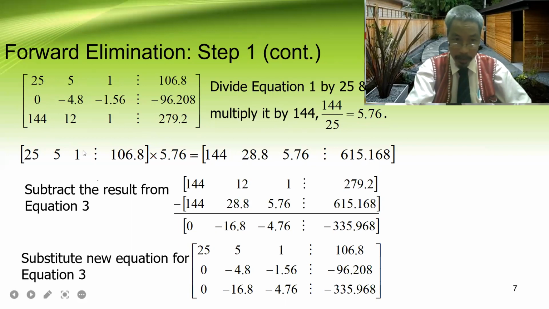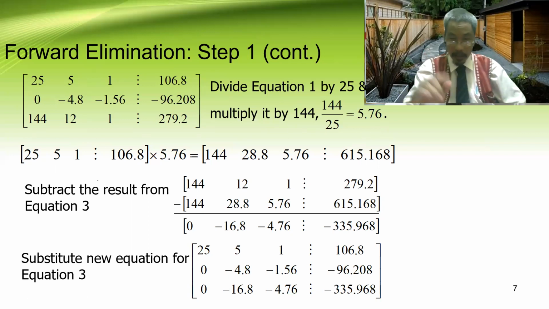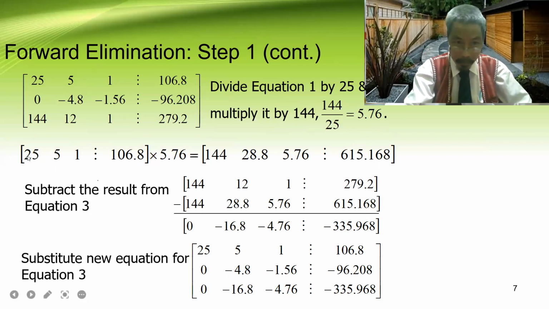So multiply all of this by that. What is this? This is equation 1. Equation 1 multiplied by this 5.76 here, it will become 144, 28.8. But let us take this one by one. Multiply this equation 1.